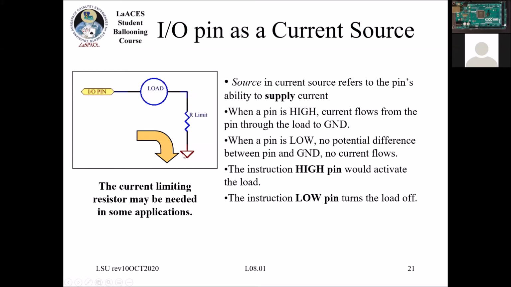If I just have an LED hooked up to ground and I apply a positive voltage, there's not really anything limiting the current through it, and I will draw more and more current until I either overheat the LED or the pin, depending on which one will break first. So as I said, you have it connected through a load and a resistor to ground.